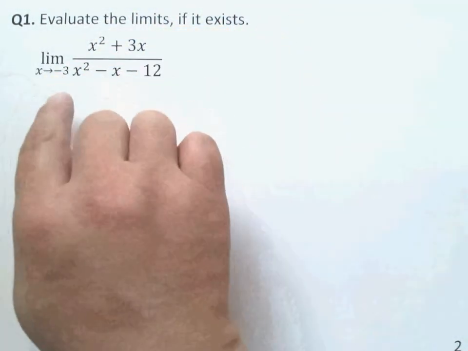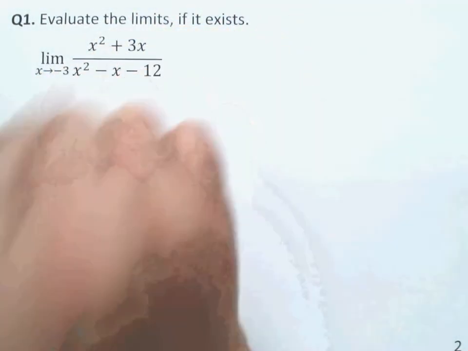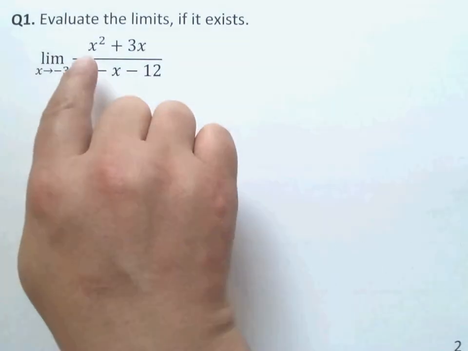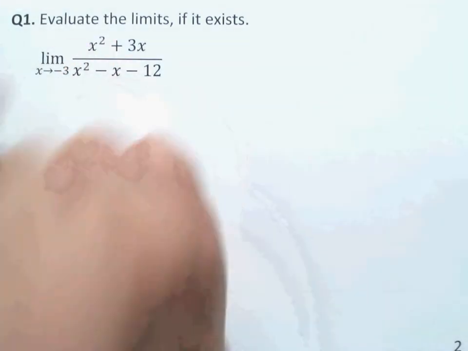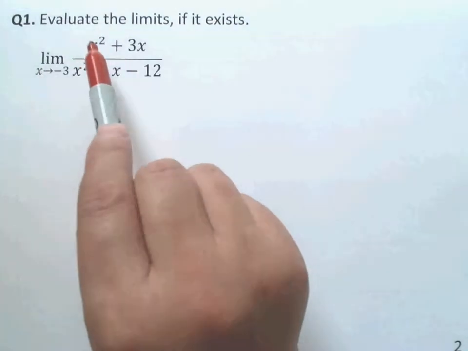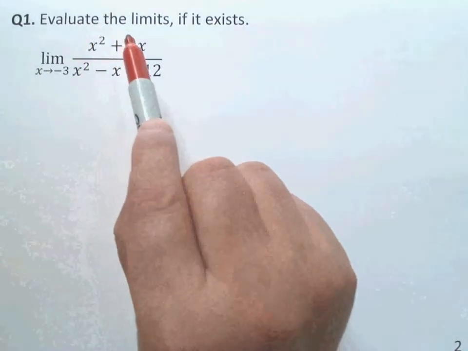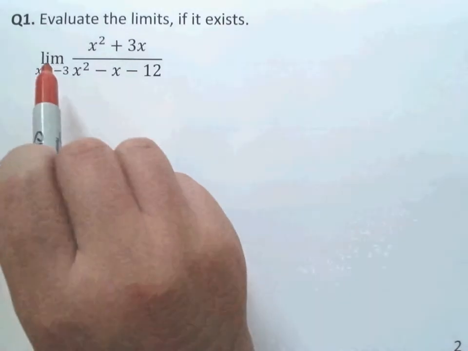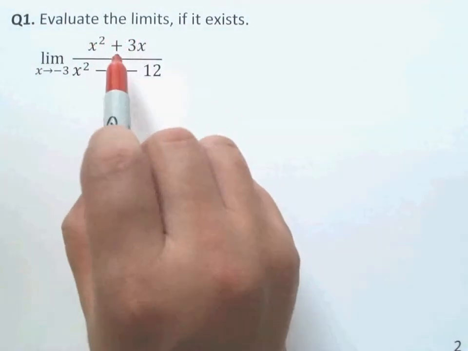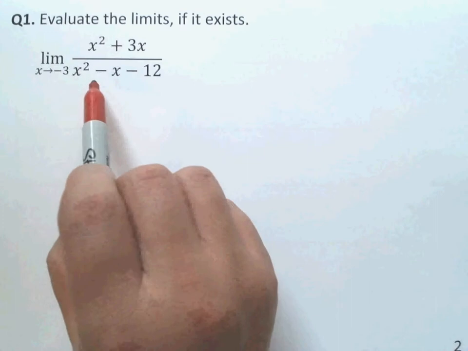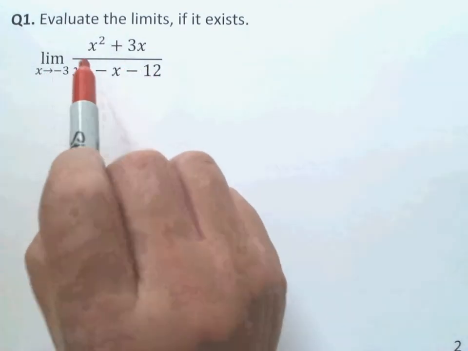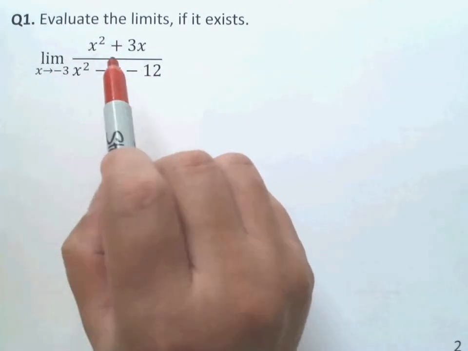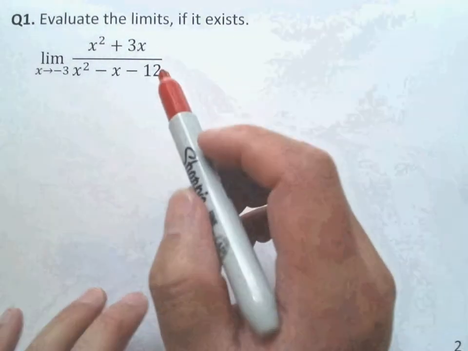Taking the limit of the numerator as x approaches -3, directly substituting -3, squared minus 9, we finally get 0. The same for the denominator: if you take the limit, you also get 0. What does it mean? This is an indeterminate form, 0 over 0.